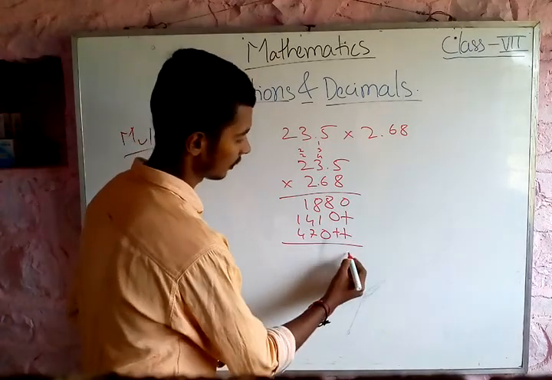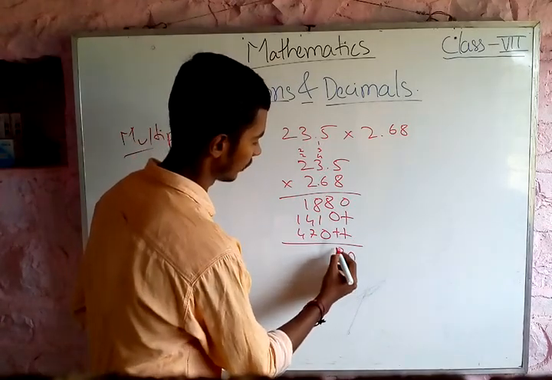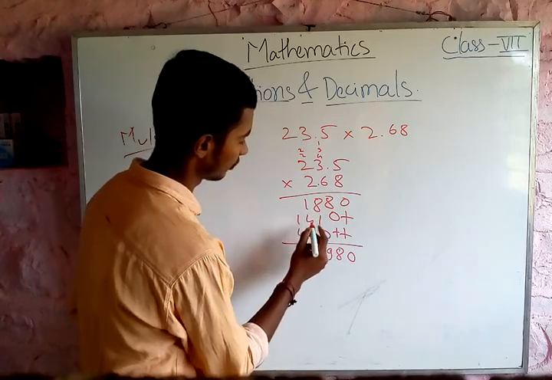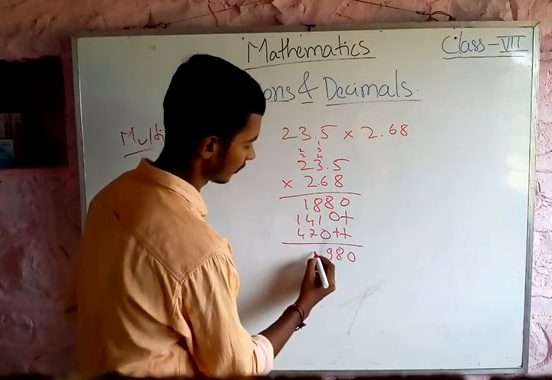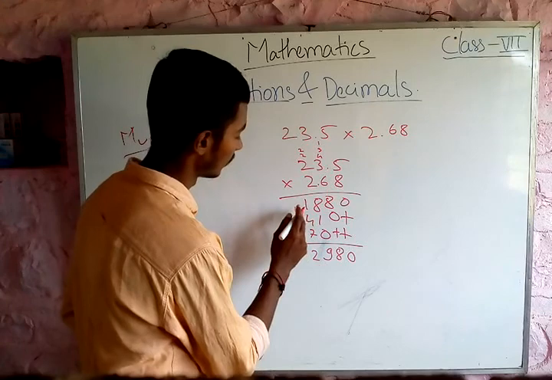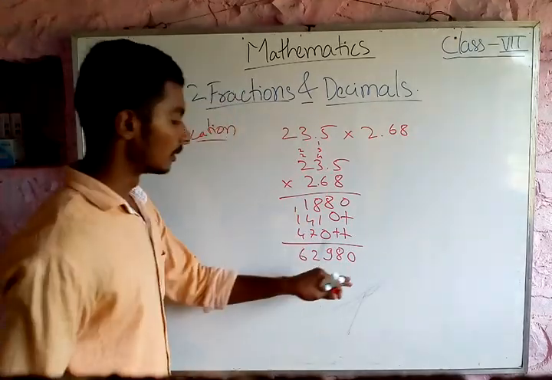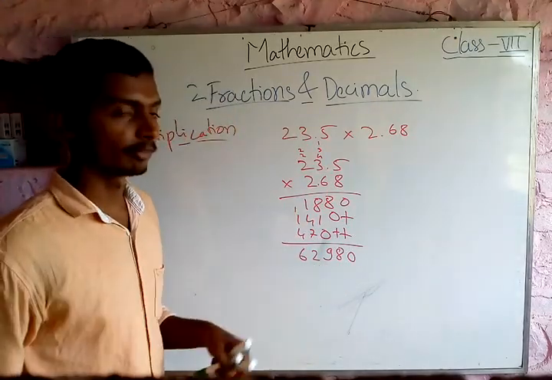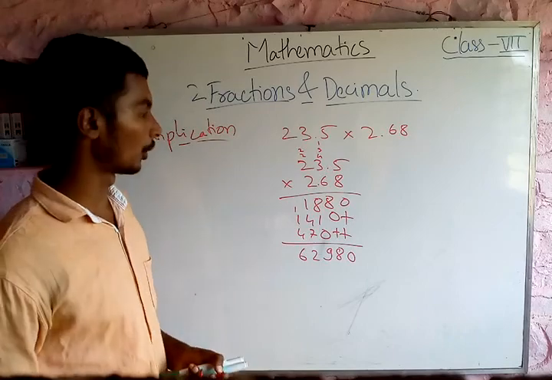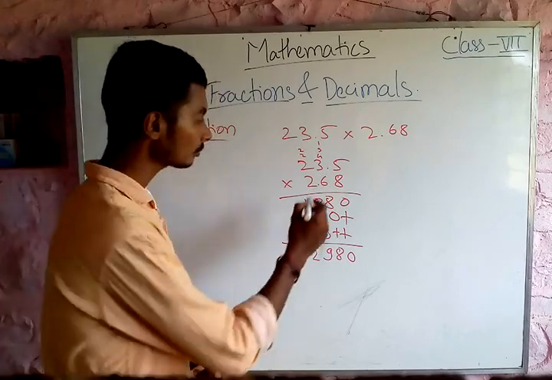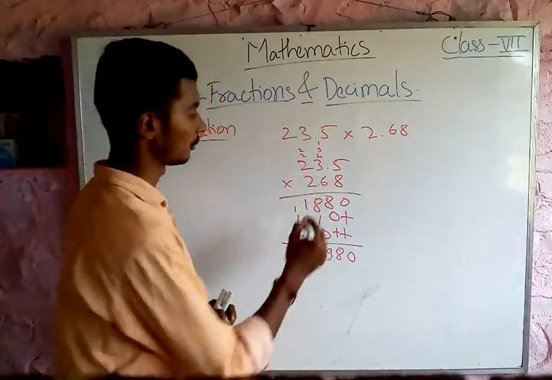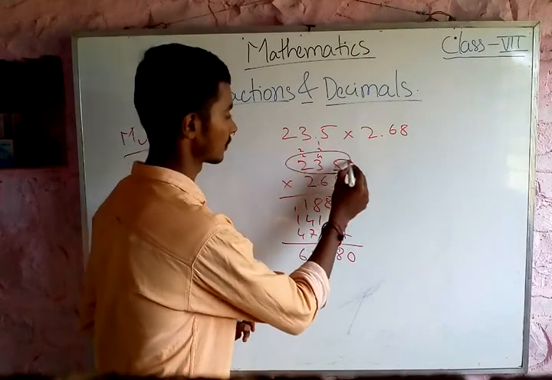Okay, now add this: 0, 8, 9, 1 plus 4 is 5, 5 plus 2 is 7, 12, 1 carry, this is 6. Okay, this is the result, but where to place the decimal point here? Now see, in multiplication we look at the first number.